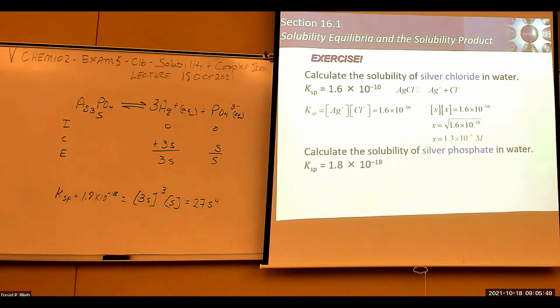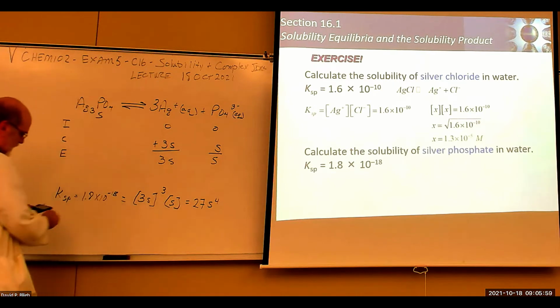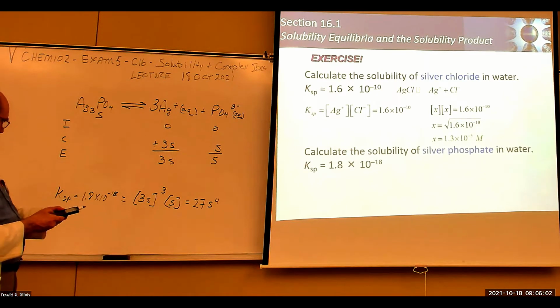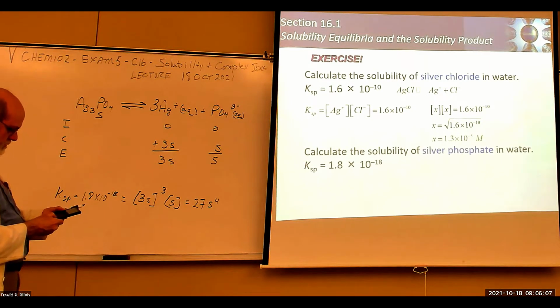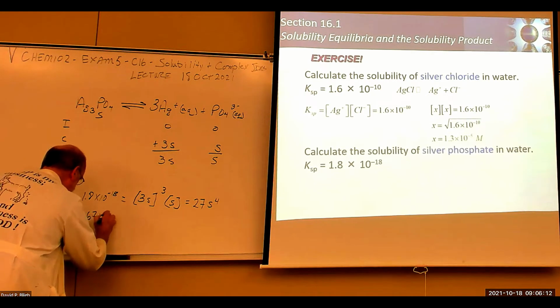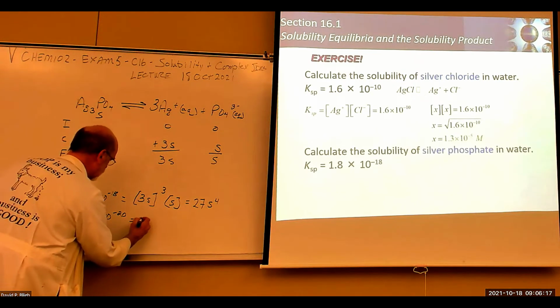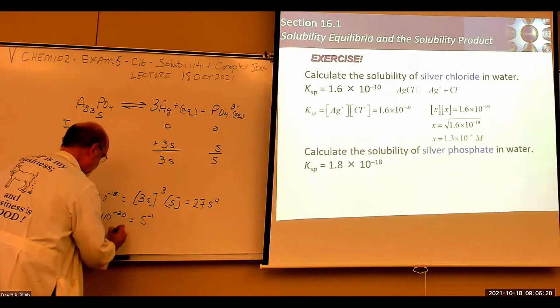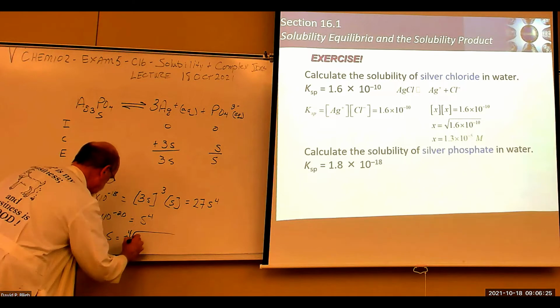Let's just do that one for kicks. Since we're just getting started, so 27 divided into this number, 1.8 times 10 to the minus 18, divided by 27, and that's 6.67 times 10 to the minus 20 equals S to the fourth. So S is equal to the fourth root of this number.